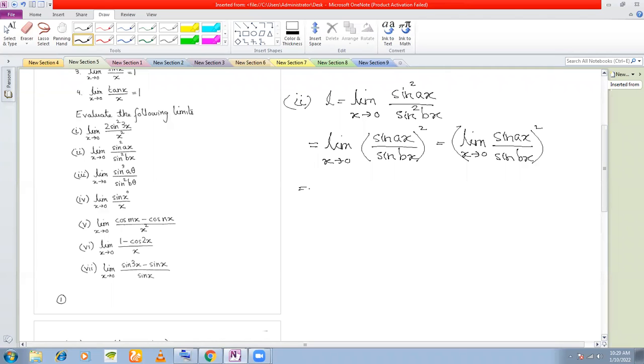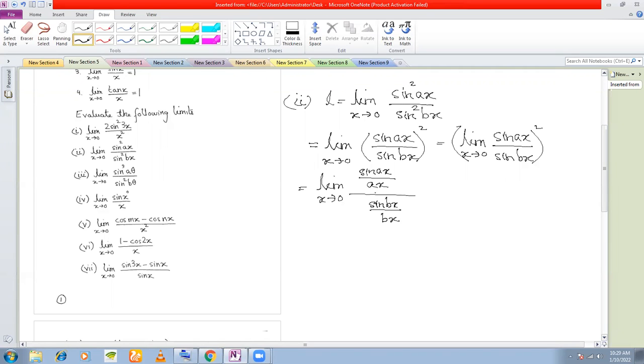So now let's work within the square. You want to bring this to sine x by x form. So sine ax we have, so we're going to divide this by ax. And you have sine bx, so we are going to divide this also by bx. But what is extra that I am adding here?